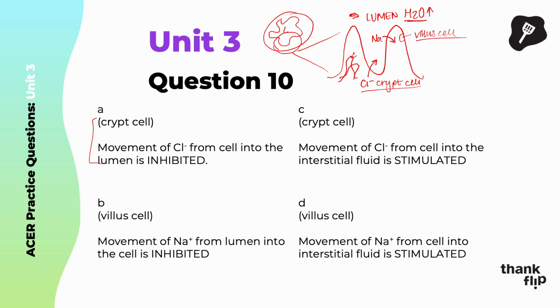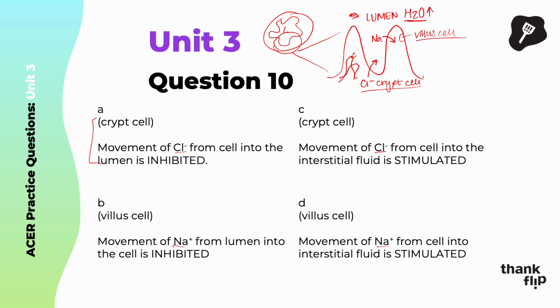I also realized that the answer options were talking about movement of ions from interstitial fluid to the lumen or vice versa. So I made the connection that this is probably asking me about osmosis, because it's asking about the movement of ions and therefore the movement of water.